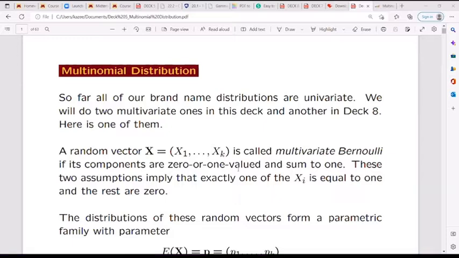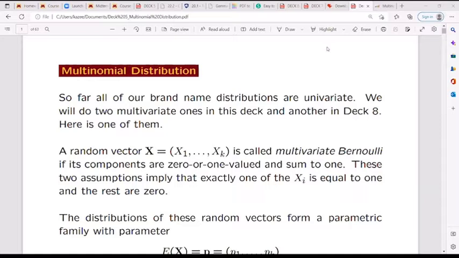distribution, we use that in statistics to model events that have two possible outcomes. I'm going to say that again. We use Bernoulli distribution to model events that have two possible outcomes.